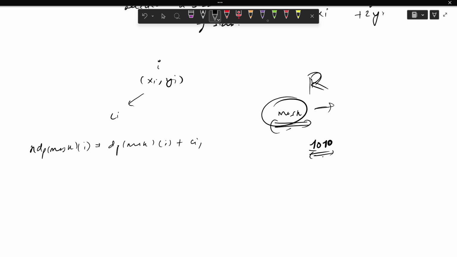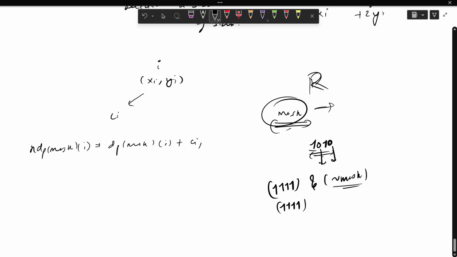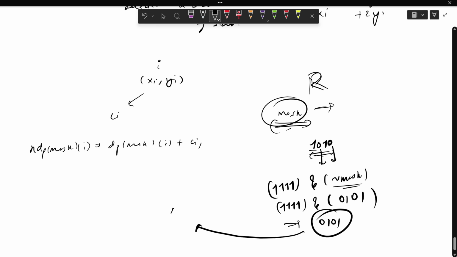The possible candidate sides are this one and this one, which is nothing but 1 1 1 1. We can just take an AND with the reverse of the mask. So this would be 1 1 1 1, and the negation of this mask would be 0 1 0 1. So that would give us 0 1 0 1, and this will be the set of leftover sides.